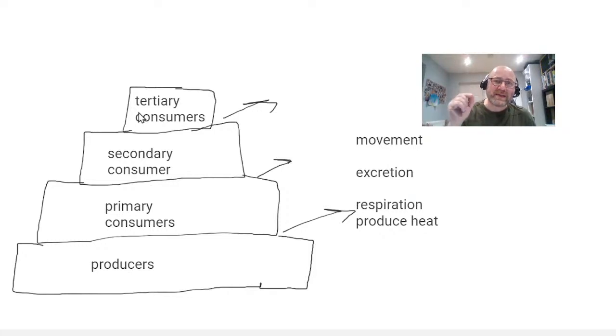But if the humans ate the corn instead of the chicken, there's 1,000 kilograms of food. I could feed 10 humans with the food I fed the chickens. So the idea is that only 10% is passed on.